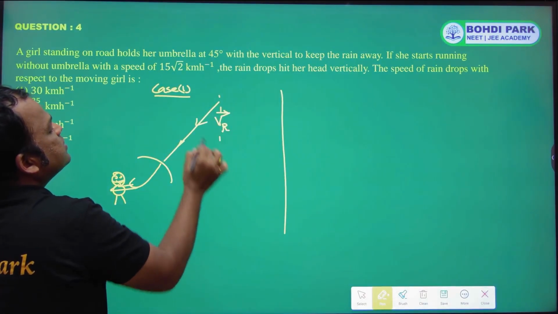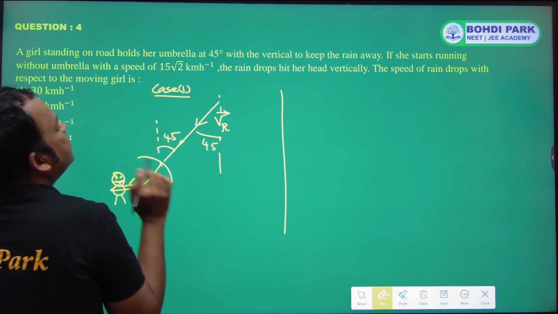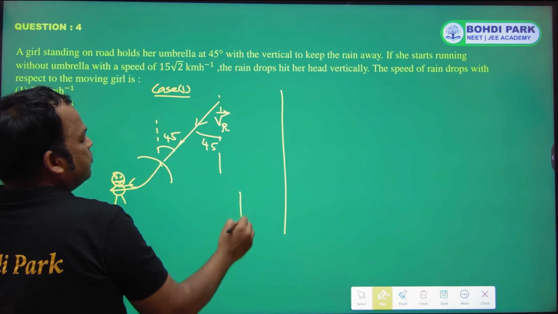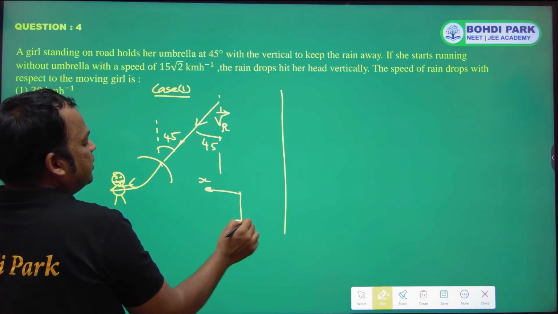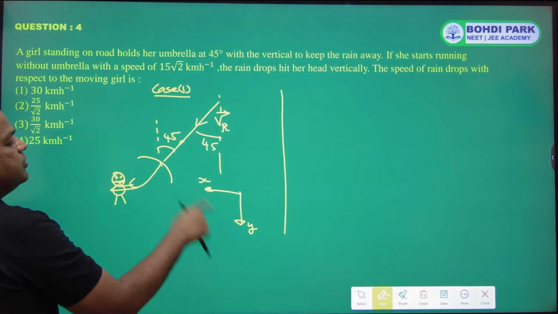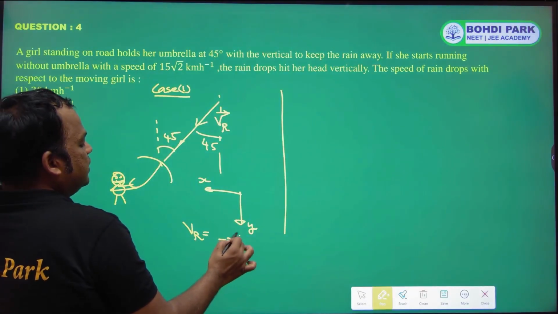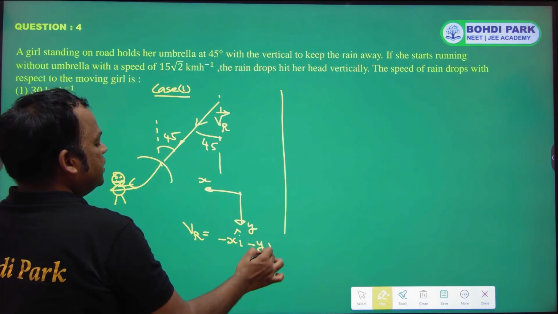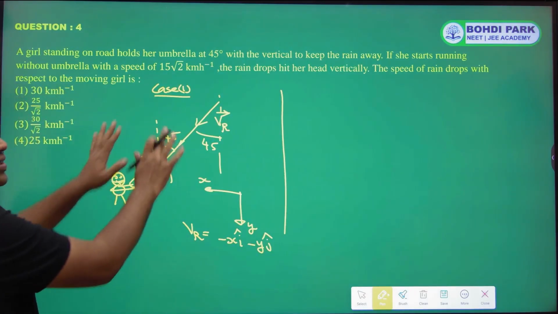Now this angle is given 45, so this angle is also 45. So we can say the x component of the rain is x and y component is y magnitudes. So velocity of rain is equal to minus x i cap minus y j cap. Clear? So this is case 1.